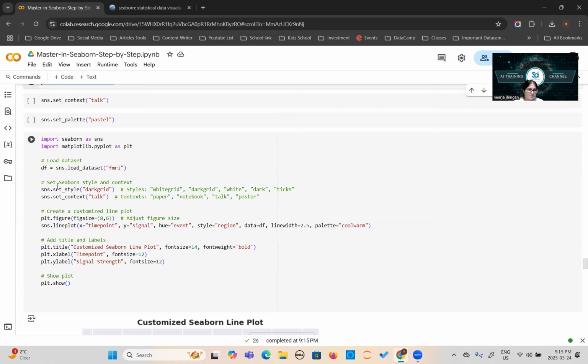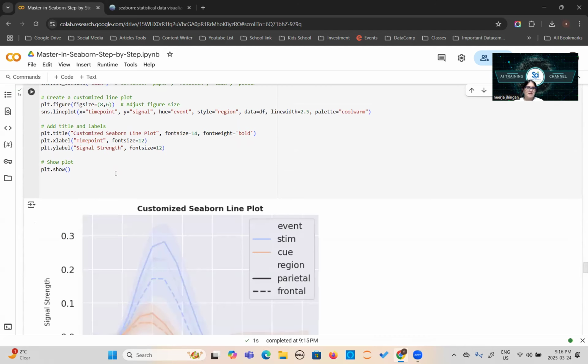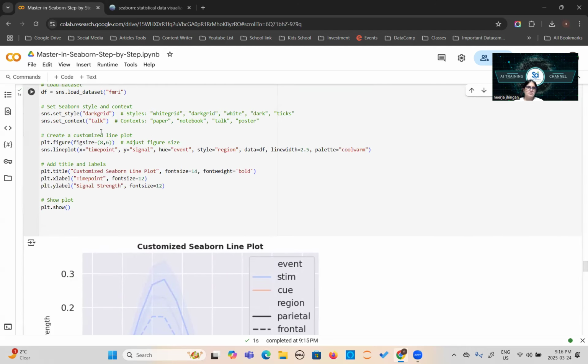Okay. Now we are loading again the same data, this one fMRI, and now look at the graph. Okay, so this is showing the same graph, but you have some pastel background, right? Signal strength, and this is your dark one. Okay, so this one.